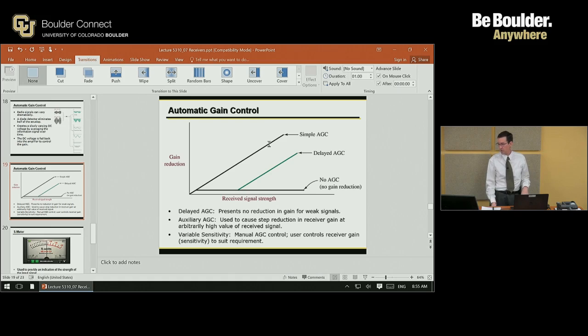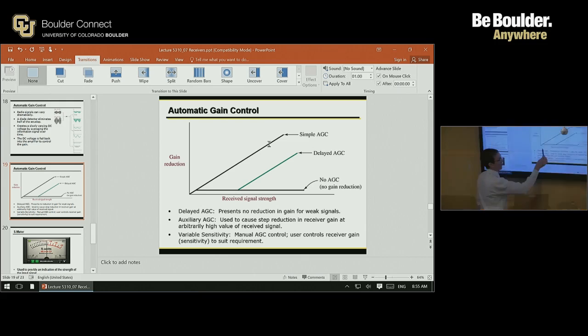So there are different types of automatic gain control. The basic automatic gain control just, as the signal strength gets stronger and stronger, the reduction number gets higher and higher. Okay, which is fine, but sometimes you want to be able to amplify the very lowest signals for a while before you start reducing the gain.